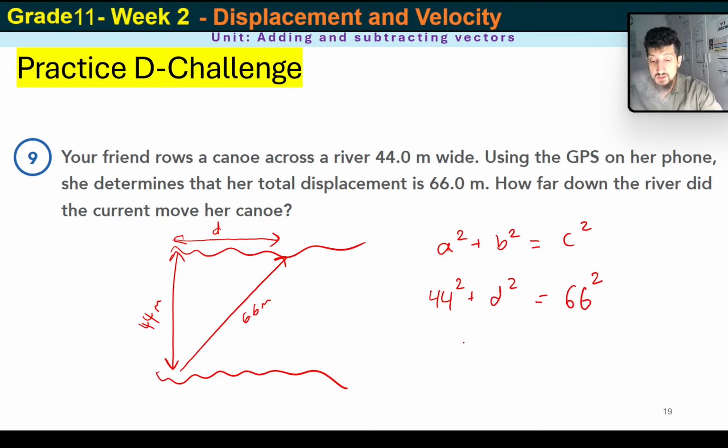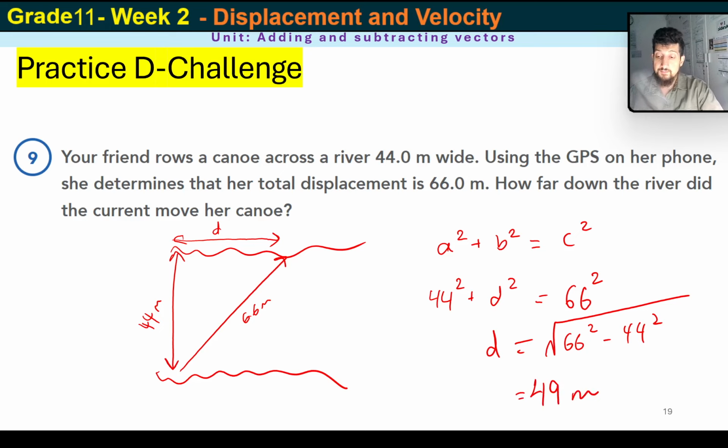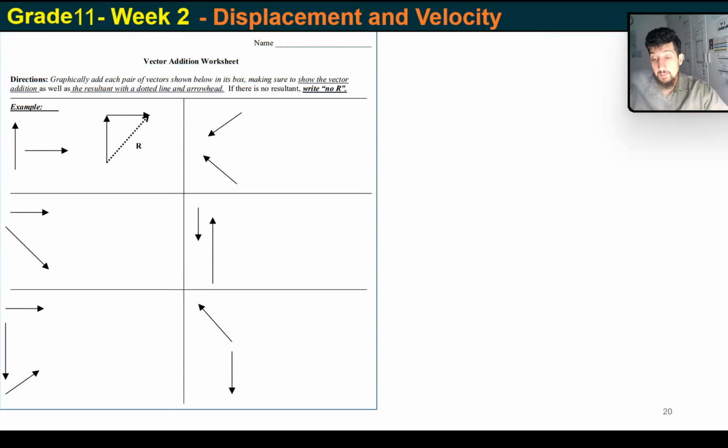So I can do this, okay, 66 squared minus 44 squared, and then the square root of all of that equals d. So let's do that, and that gives me 49 meters. That was a bit challenging. Okay, but it's not too bad, is it?